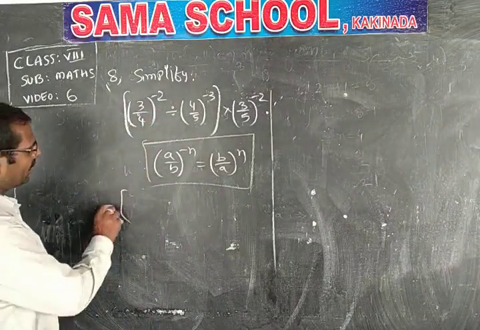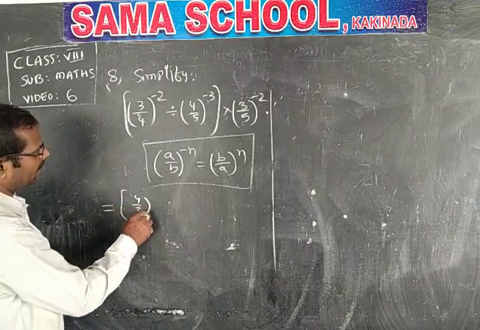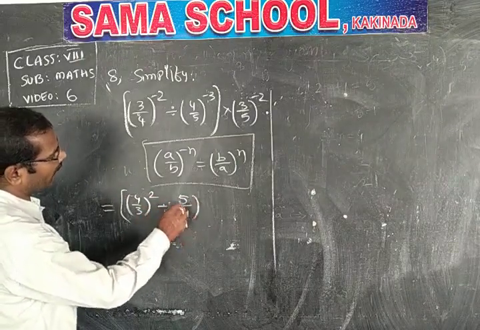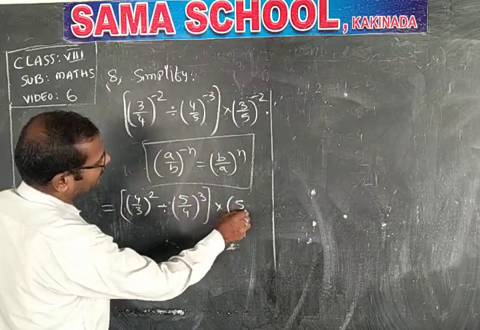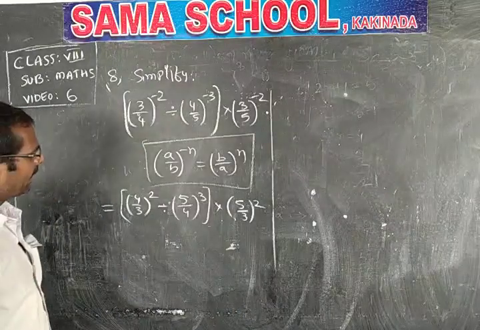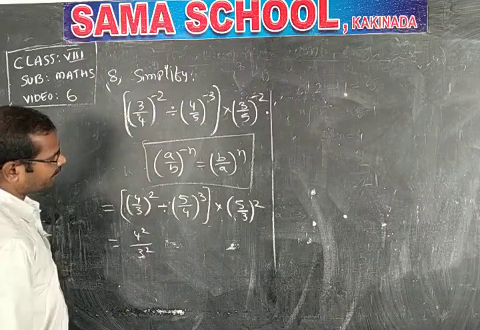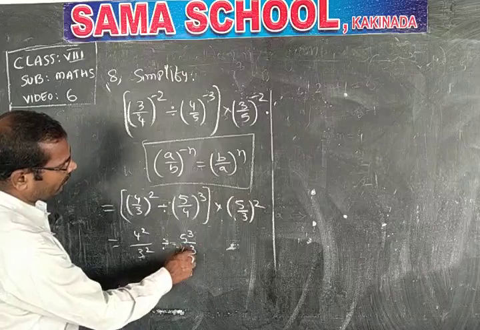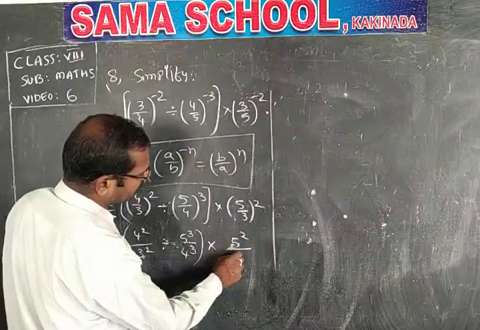So 4 by 3 whole power 2 divided by 5 by 4 whole power 3 into 5 by 3 whole power 2. Again you can write as 4 square by 3 square divided by 5 cube by 4 cube into 5 square by 3 square.